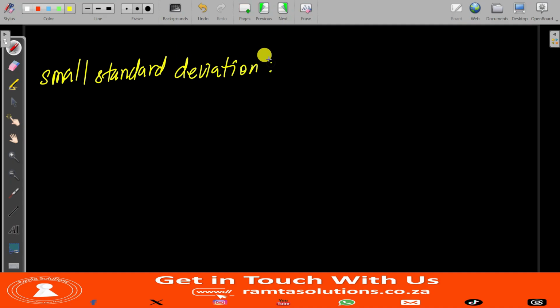What does it mean when you have a low standard deviation? It means this is basically closer to zero. It means all data is clustered, just like we said, right?